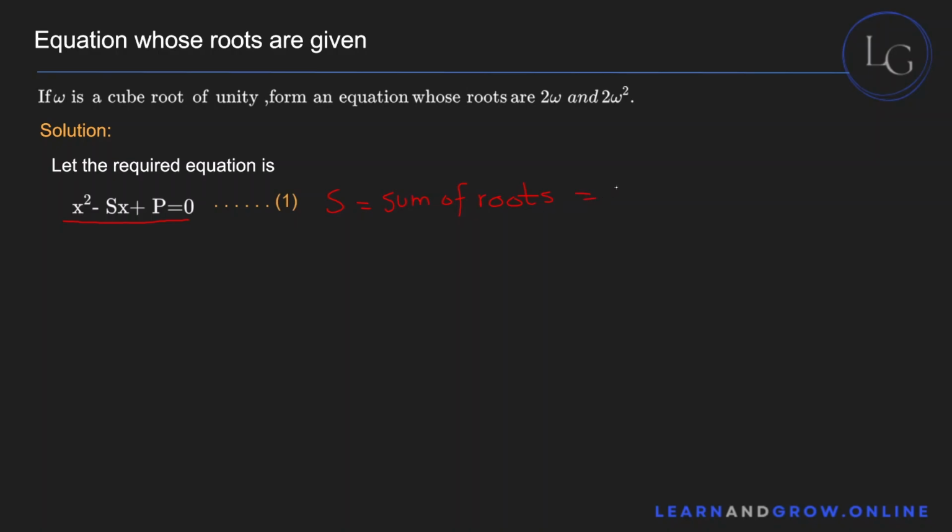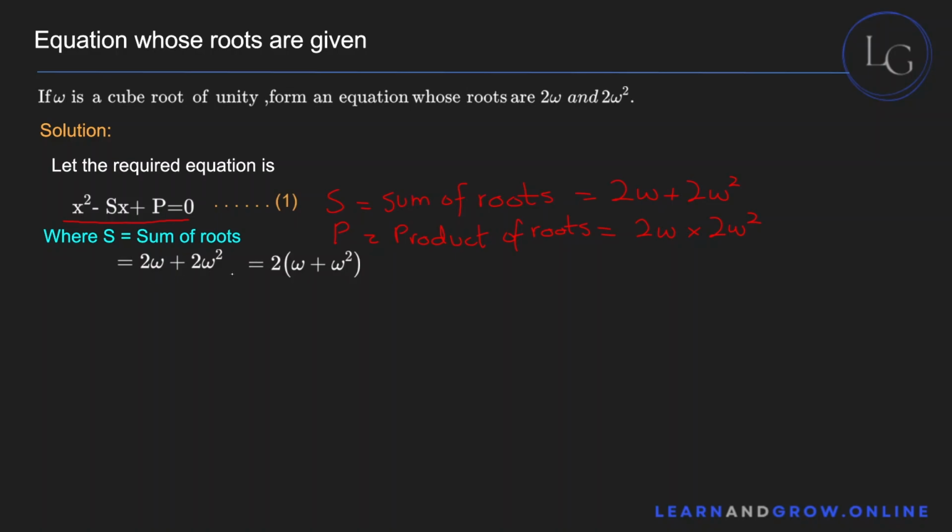The sum of roots here is 2 omega plus 2 omega square, and the product of roots is 2 omega into 2 omega square.